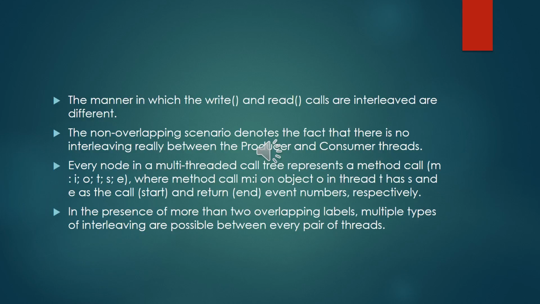Every node in a multi-threaded call tree represents a method call, where the method M is called on the object O in the thread T, and S and E are the call start and the return event numbers respectively. In the presence of more than two overlapping threads, multiple types of interleaving are possible between every pair of threads.